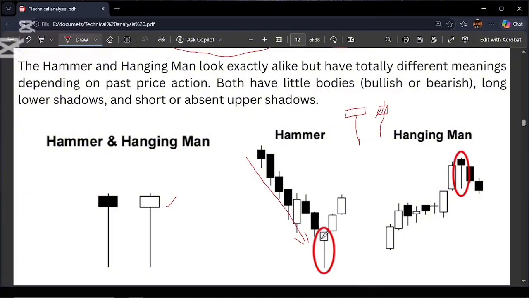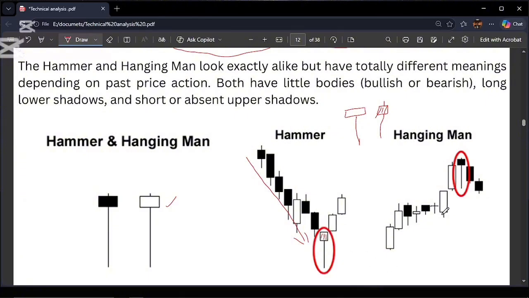It could be black, red, or green. The color doesn't matter. But if you see a candlestick like this having a small body with a long wick downwards, that's a hammer. And with this, we know that a possible reversal in the trend is likely to occur. So this is a hammer.